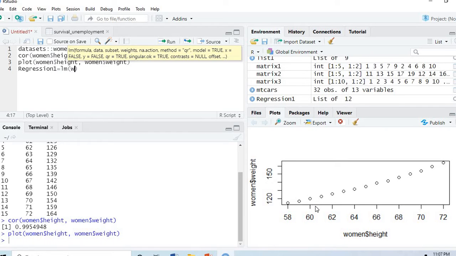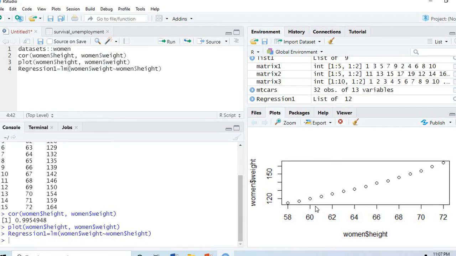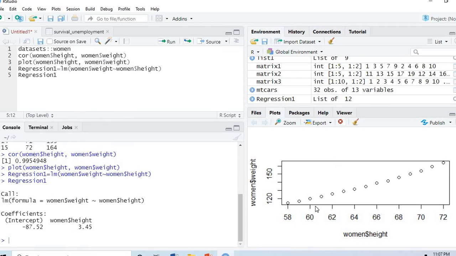So I type women$weight, use the sign of tilde, and then parent file name women$height. Now Alt plus enter. Now you type regression1, that is our model. Alt plus enter.